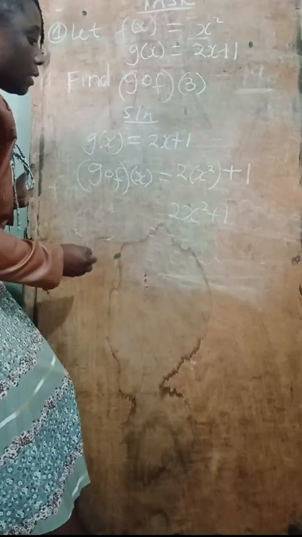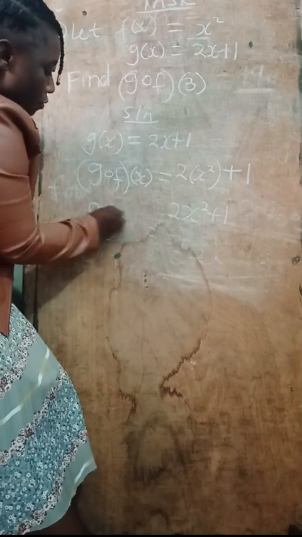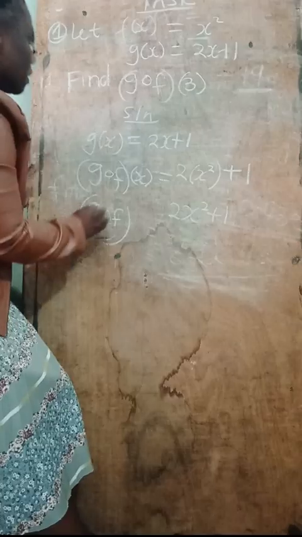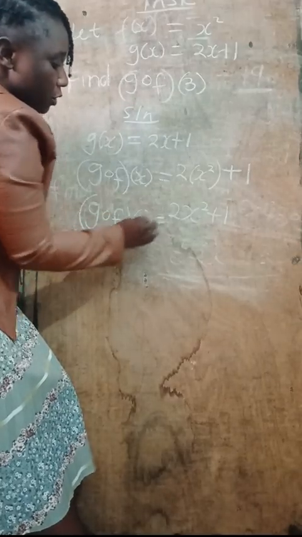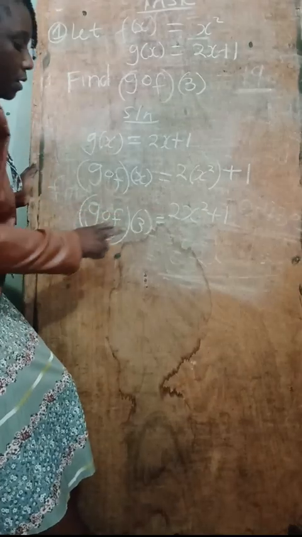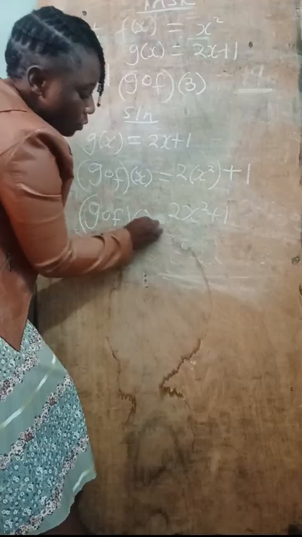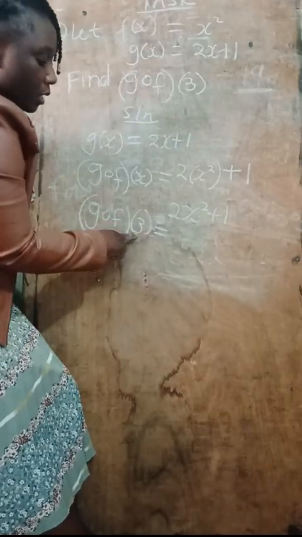After that, we are supposed now to replace g of f of what? Of 3. So where there is x, we replace it with a 3.